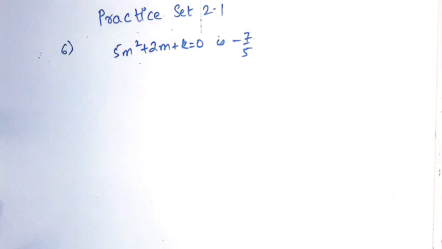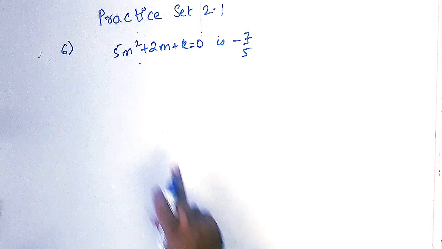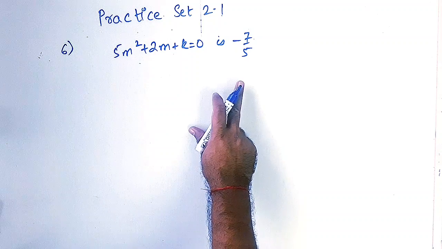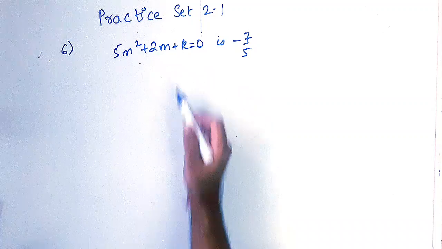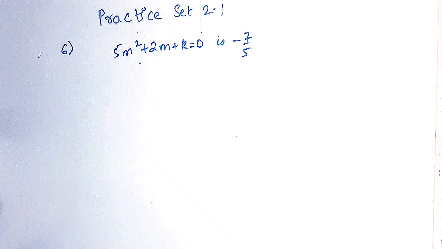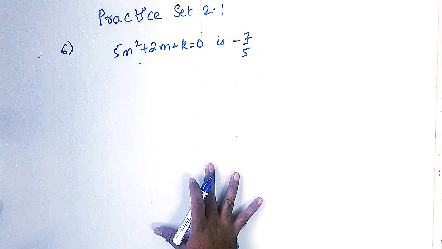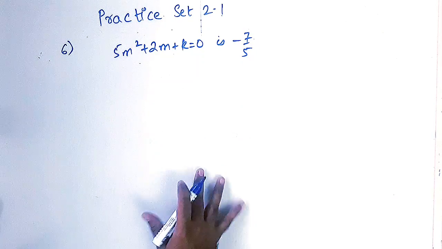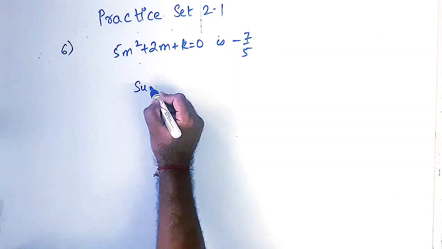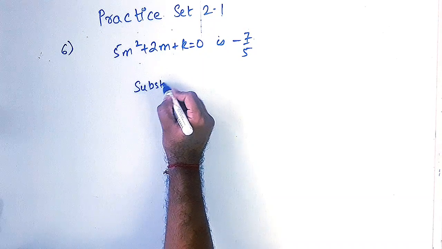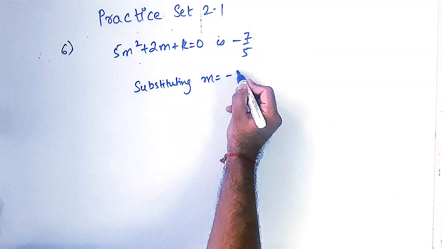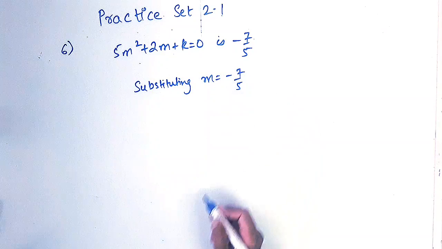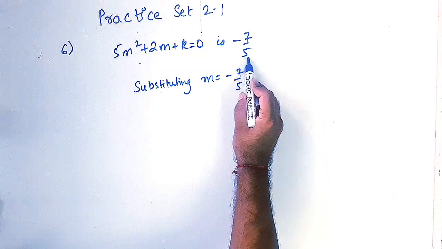Sum number 6 is when one of the roots is given and you have to find the other root. So in that case what to do? It is very simple. I know this is an activity, but I'll be solving this as a sum, so you can fill in the blanks afterwards. Substituting m equals to minus 7 upon 5. They have already given that this is the root.